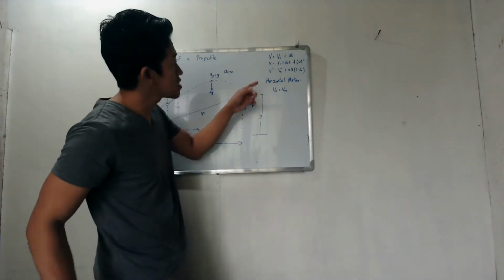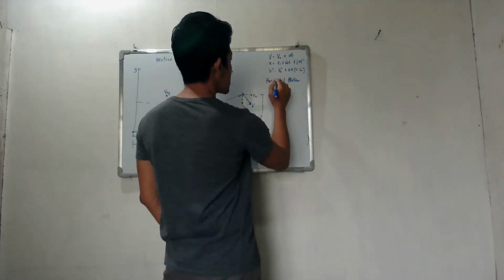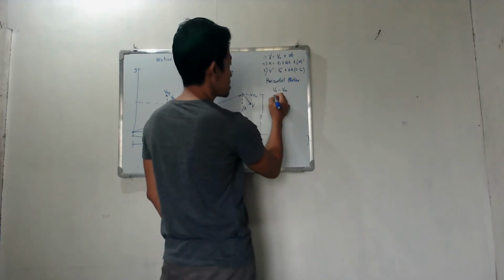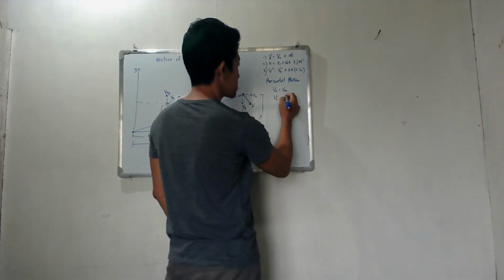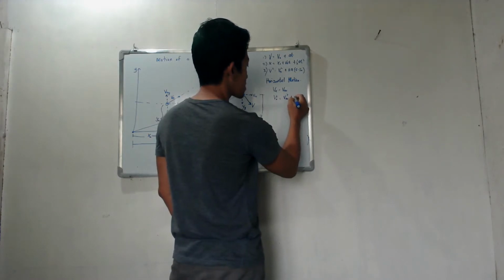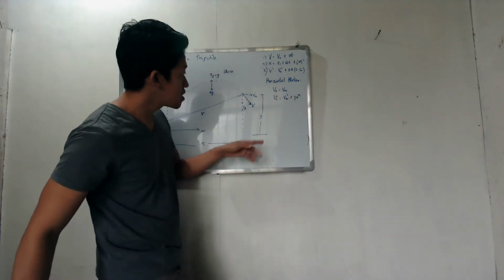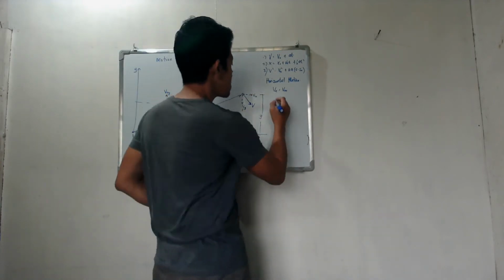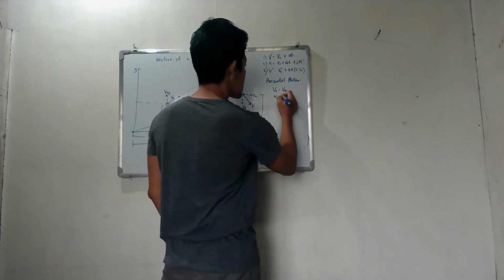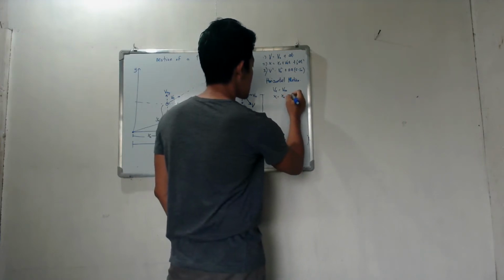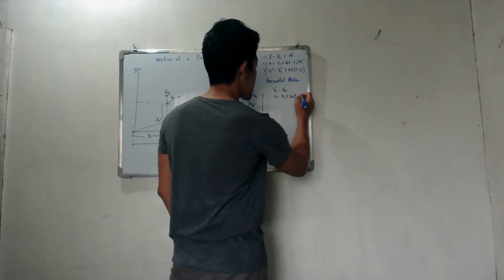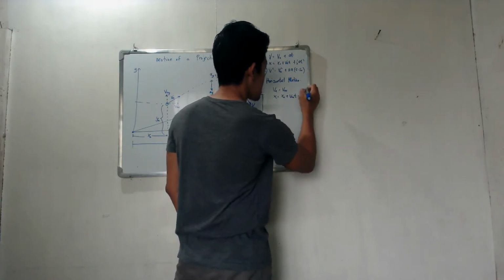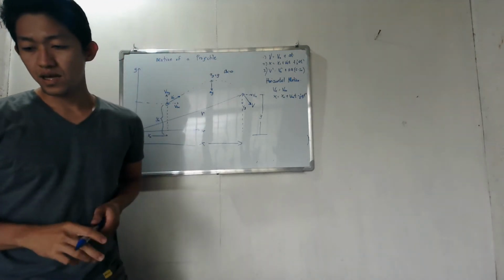As well as the third equation, Vx squared equals Vox squared plus 2a, again 0, so it is the same. The second would be x is equal to x sub o plus Vox t minus 1 half g t squared.